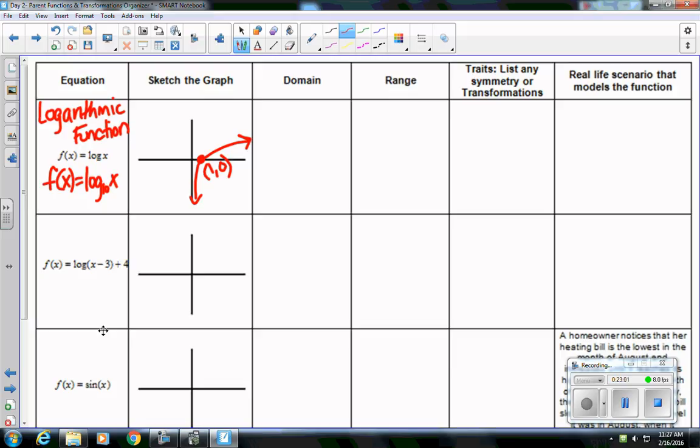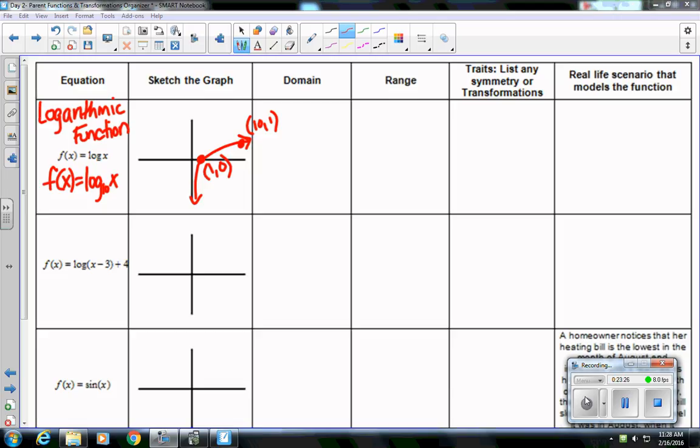And then from there, any transformations, that point will move as well. And another key point, if you want to mark it on your graph, would be the point 10, 1. And that, of course, is because we have a base 10. If we had log base 2, that point would be 2, 1. If we had log base 7, that point would be 7, 1.